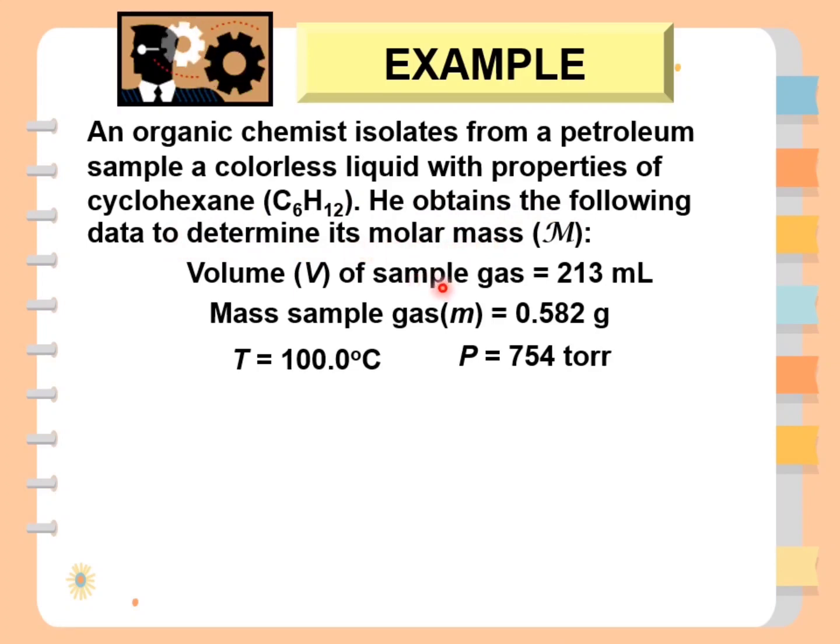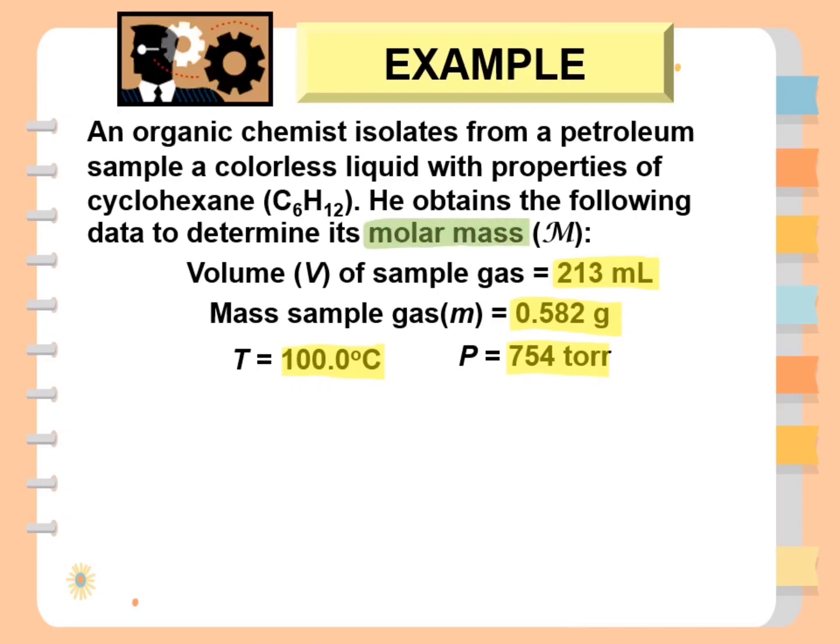So the volume of sample gases. So dia dah bagi dalam soalan adalah volume of gas, and then you ada juga mass of gas, and we have the temperature and the pressure here. Okay, daripada maklumat yang diberi dalam soalan ni, dia nak cari molar mass kelas. Dia nak cari molar mass.